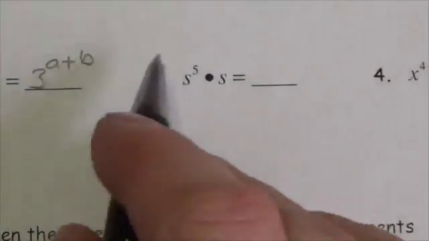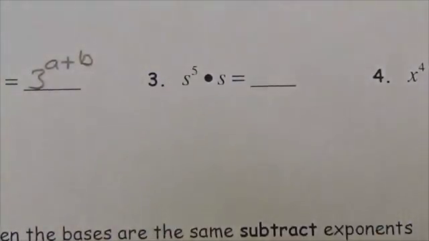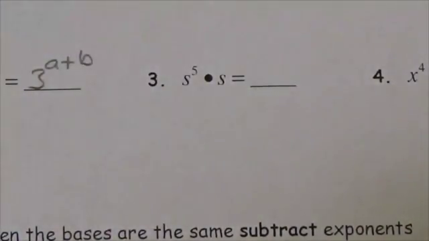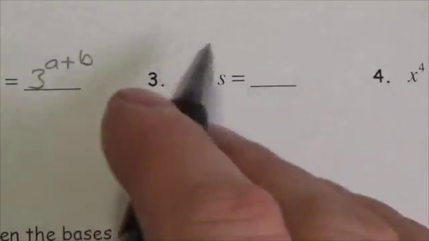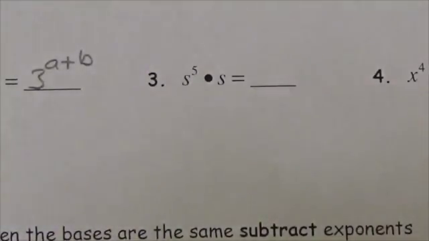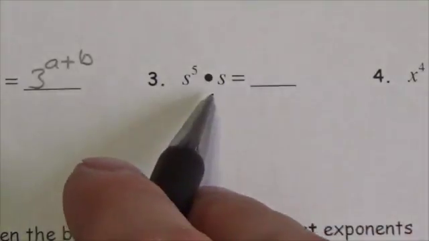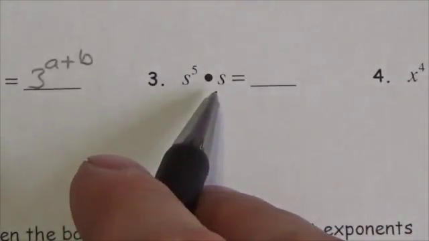Now this problem here gets done incorrectly very, very frequently. When you ask people point blank how to do this, and make them stop and think about it, they get it. But if you put this in the context of a larger question, this little guy right here tends to be done incorrectly all the time. s to the fifth times s. Well, what's the exponent if it's not written?